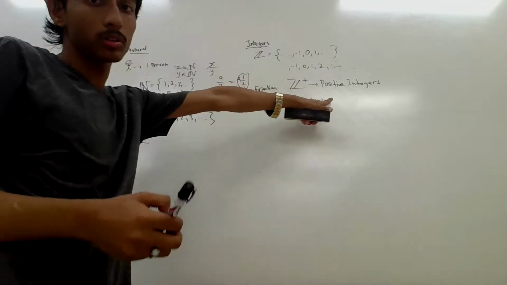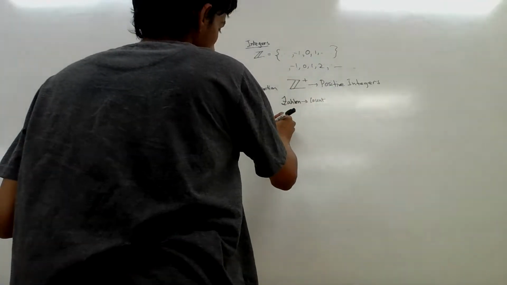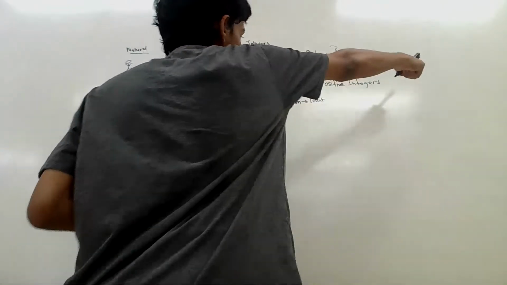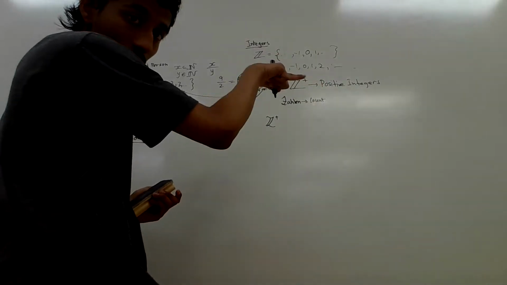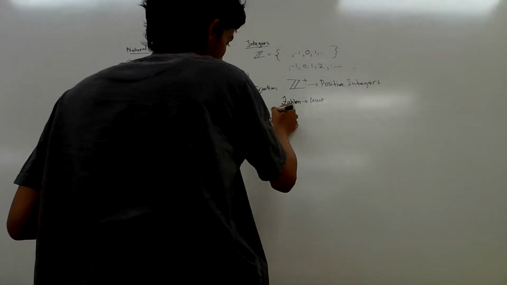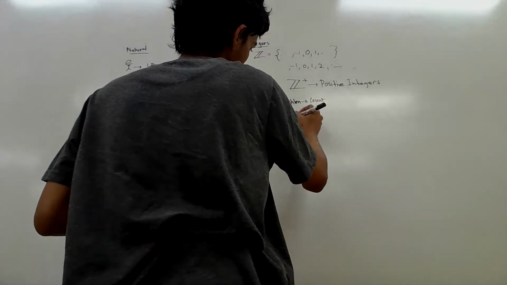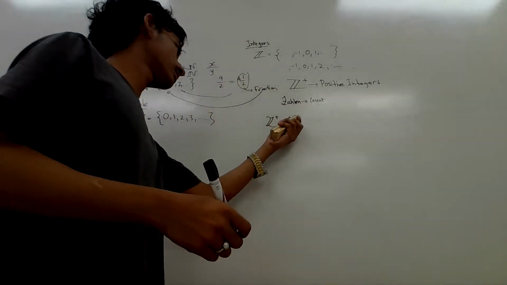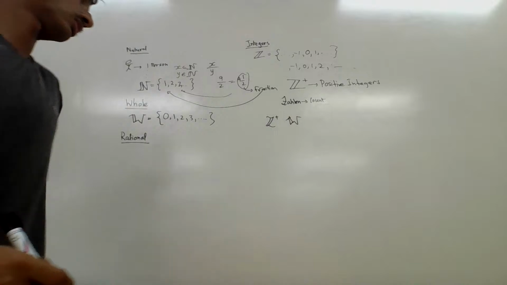Once you have positive integers defined here, you'll notice that positive integers start from 0 and go to infinity. I'm not writing infinity because infinity is not a number, it's a direction. So you go toward positive infinity. So these Z plus and W are the same sets.